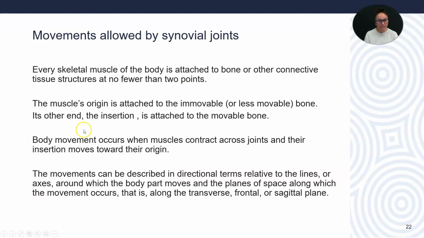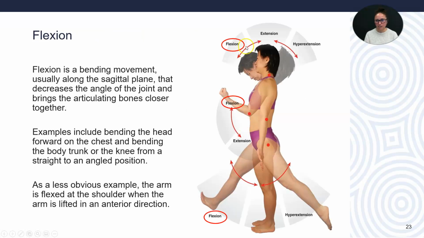Now, let's have a look at some movements that are allowed by synovial joints. So just a few movements to kind of get our head around what it all is. So flexion is a type of movement. Now, what you need to understand here is that you're decreasing the angle of the joint.